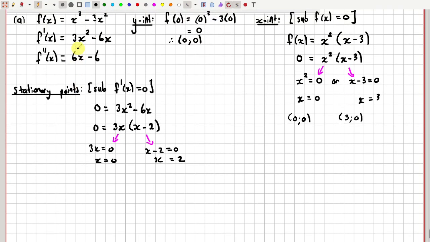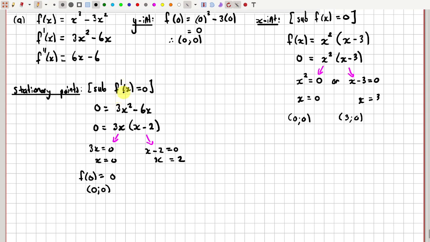Now, looking at our previous work, we should already know that when we make x equal to 0, we should be getting 0. We can see it over there. We can see we did it over here. And yeah, we also got one of them over here. So when x is equal to 0, y is equal to 0, so that is one of our stationary points, also known as a turning point, because our gradient is 0 at the turning point.